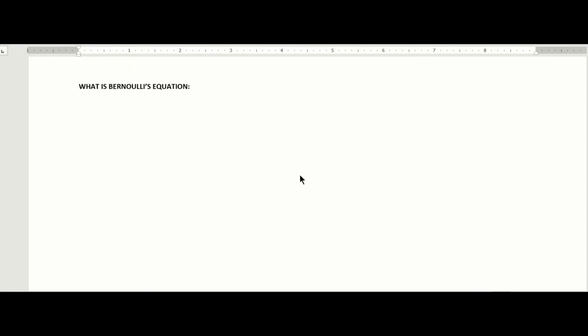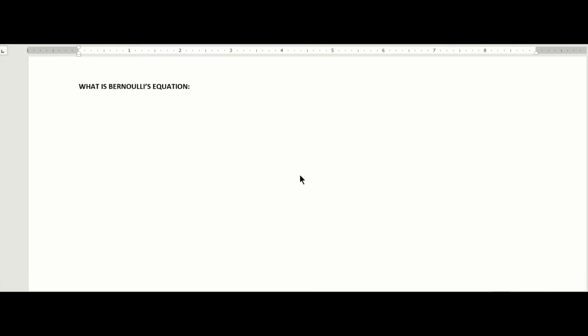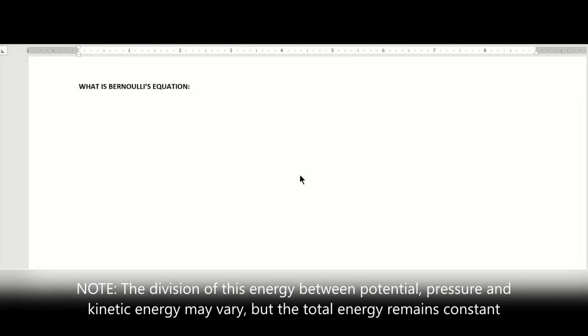What is Bernoulli's equation? Bernoulli's equation states that the total energy of each particle of a body of fluid is the same, provided that no energy enters or leaves the system at any point. Please note that the division of this energy between potential, pressure, and kinetic energy may vary, but the total energy remains constant.